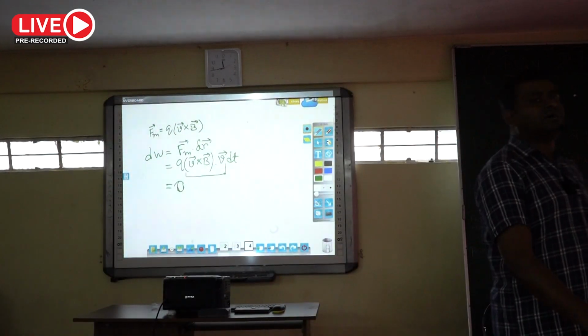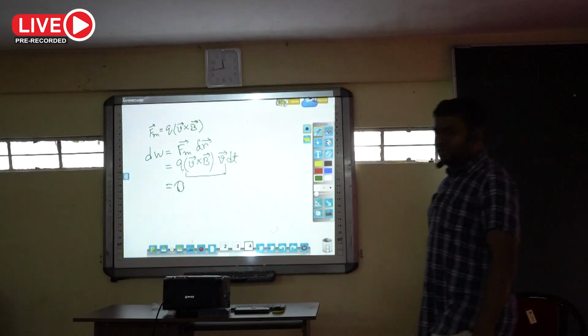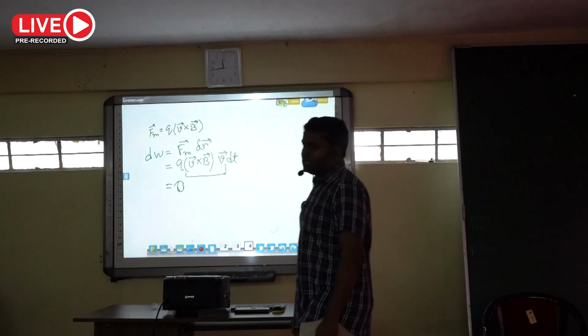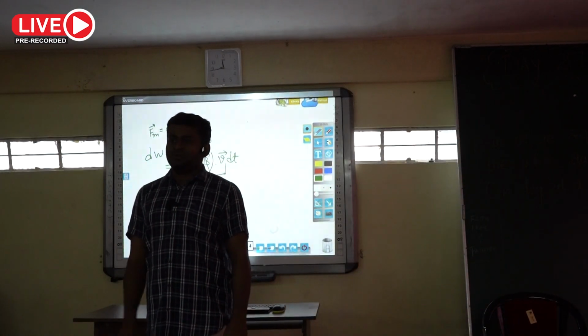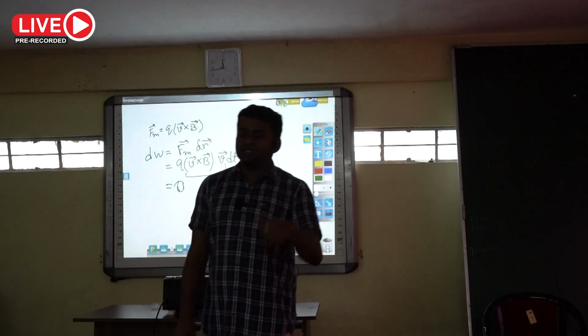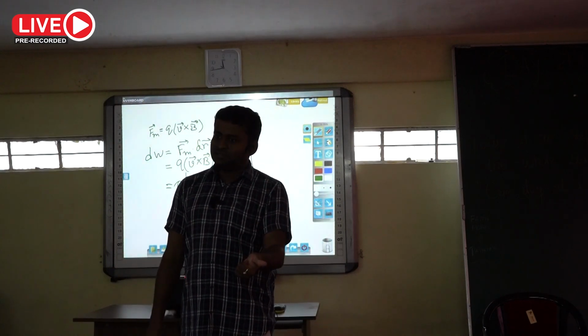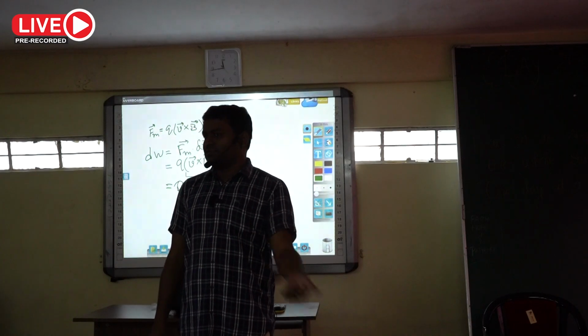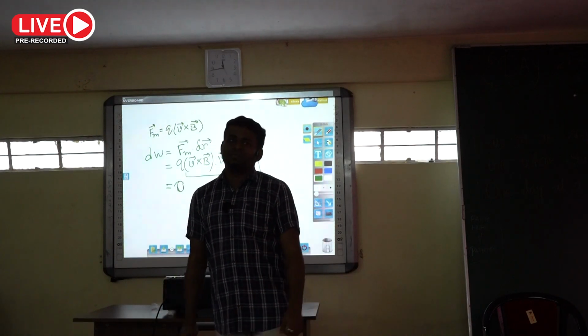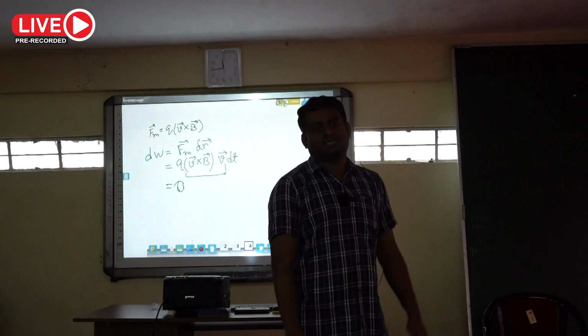So linear momentum is not constant. Linear momentum means mass into velocity. So if the velocity vector is varying, then linear momentum is also varying. So linear momentum is not constant, it will vary.